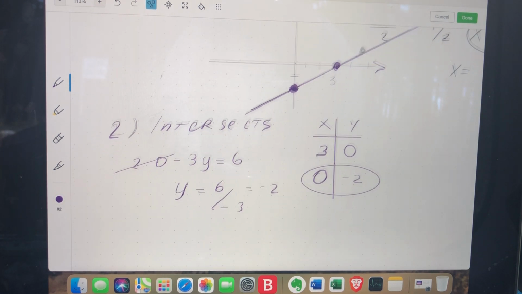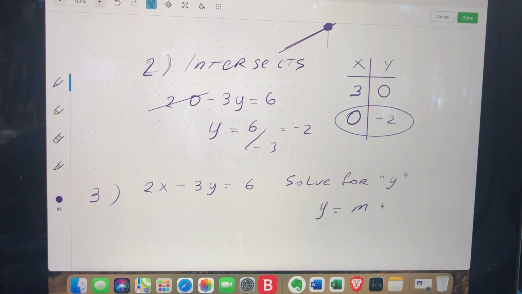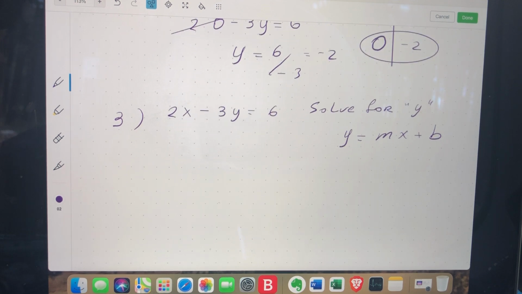The third choice is to actually start with our original equation and solve it for y. If we do this, we in essence have our equation in slope-intercept form, and from there we can use this information to make a sketch.